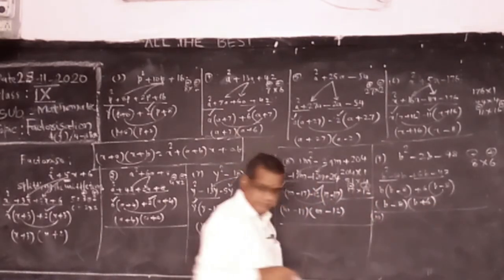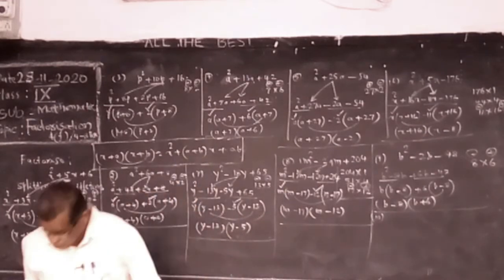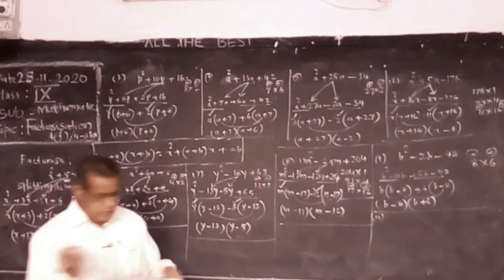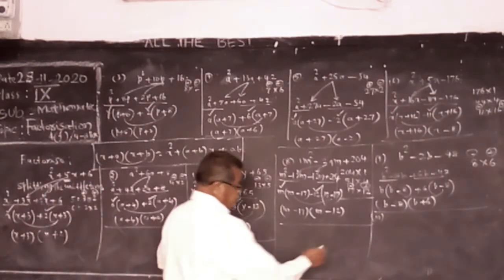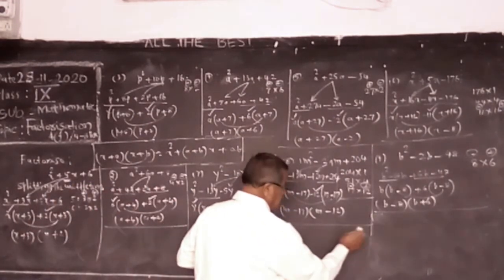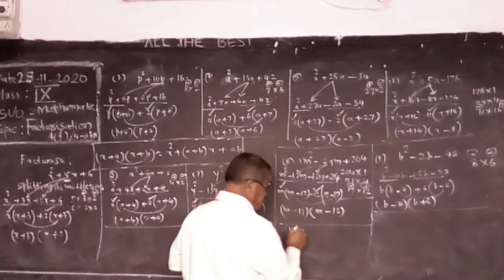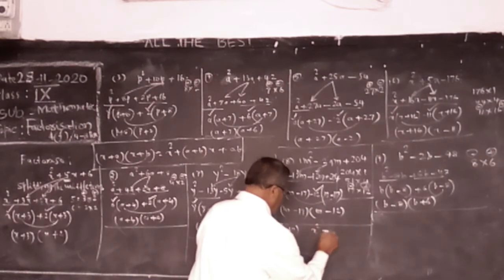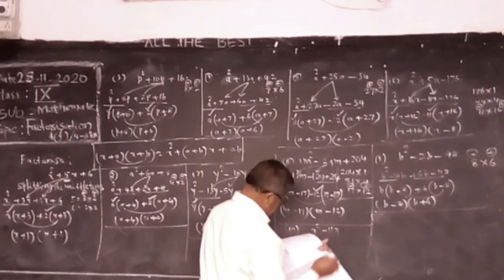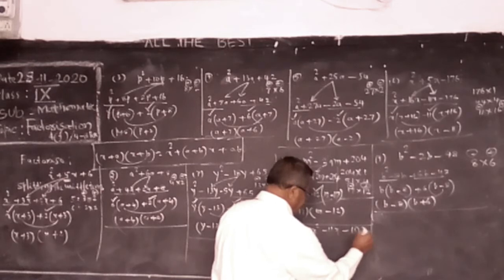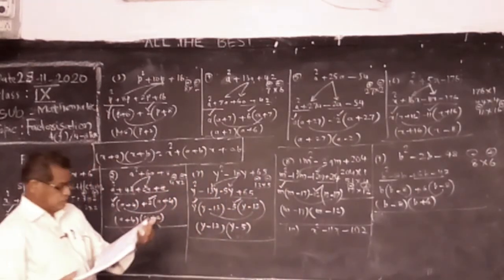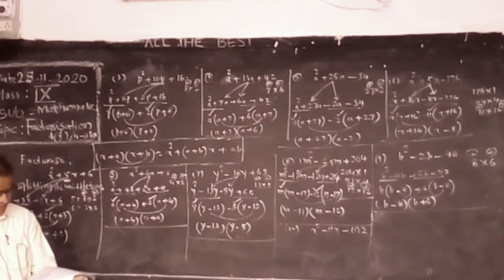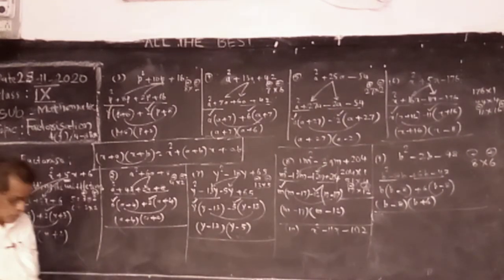Tenth one. X squared minus 11x minus 102. 102 you know: 17 sixes are 102.